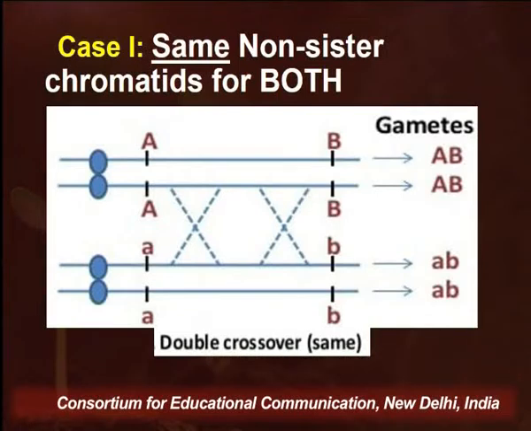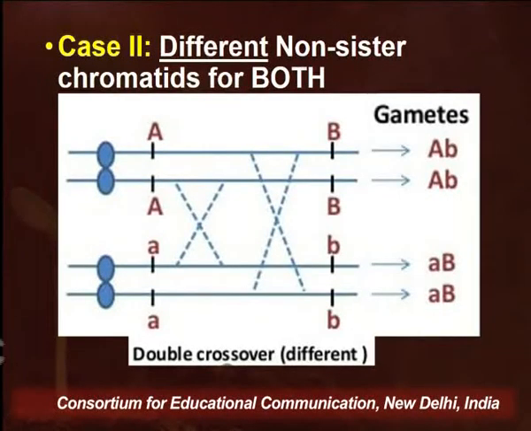As you can see on your screens, a double crossover has taken place and one has nullified the other. So although the double crossover has taken place, the parental gametes are obtained. Crossing over has taken place, but then how do we detect the recombinants? The other case would be that the crossing over takes place between different non-sister chromatids for both.